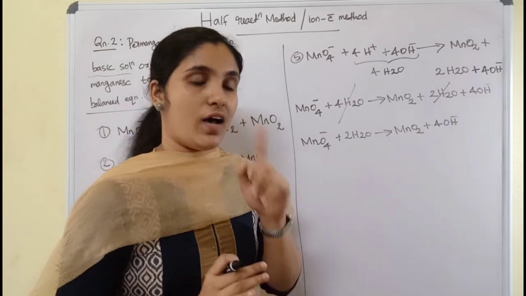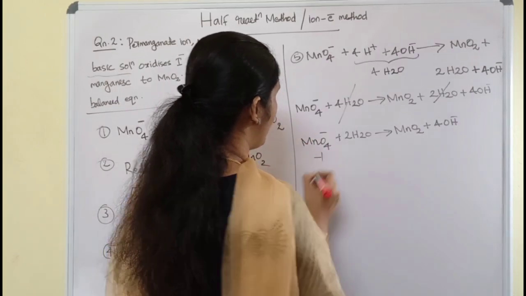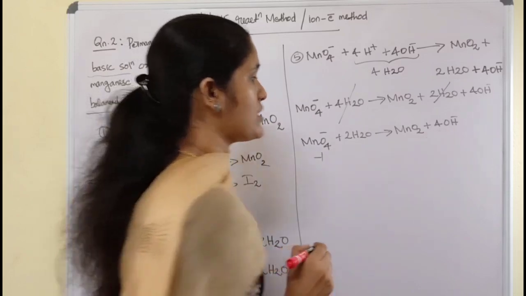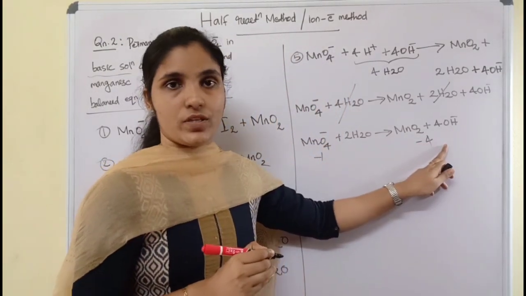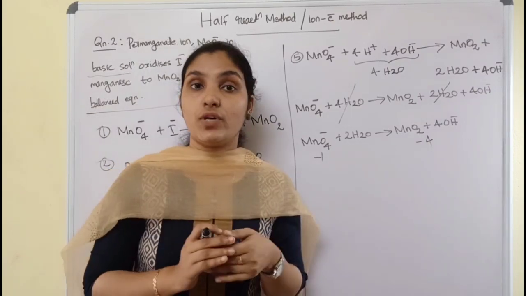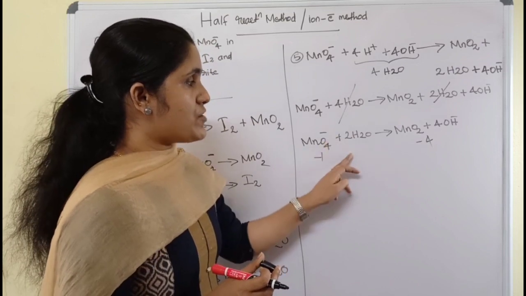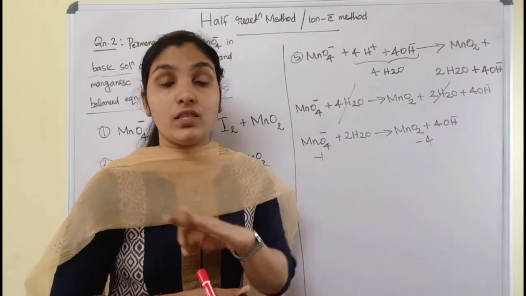Now let's calculate the ionic charge here. On the left, MnO4 minus has only minus 1 as the charge, but on the right side MnO2 is neutral, but 4OH minus is there, so minus 4 is the total charge. So we have to balance the ionic charges by adding electrons, right? It's better to make the left side also minus 4 by adding how many electrons? By adding 3 electrons.